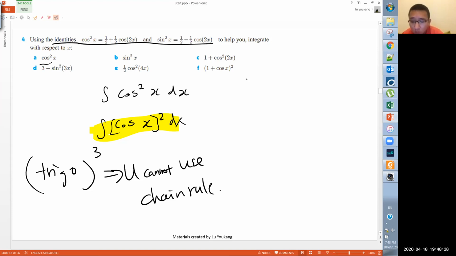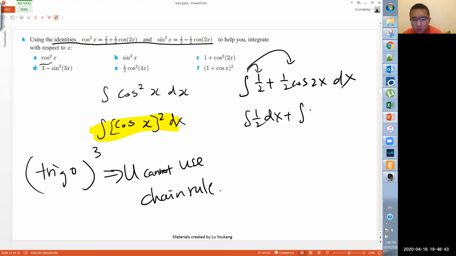So this cosine square x is equal to half plus half cosine 2x. In this case, you just integrate term by term. You can take out the half. Now this is your trigo to the power of 1, so you can do the integration.